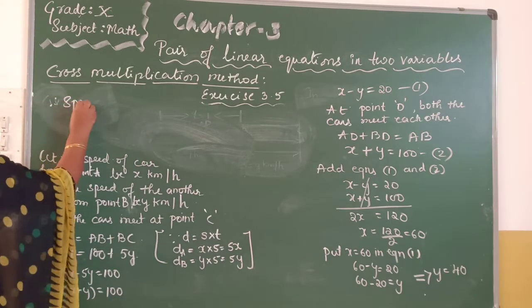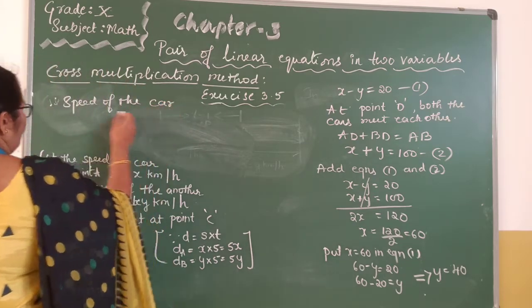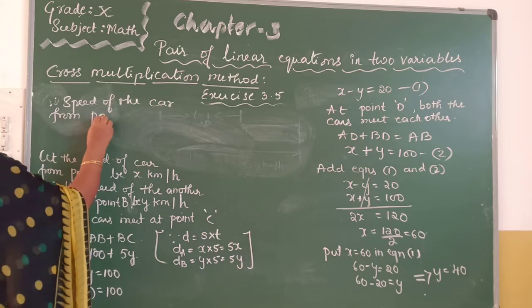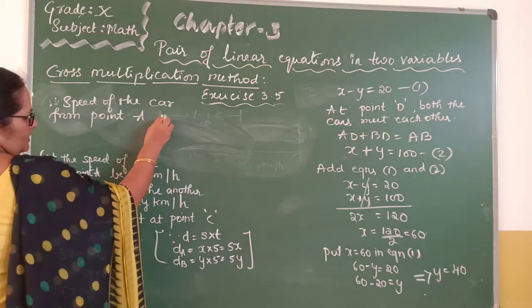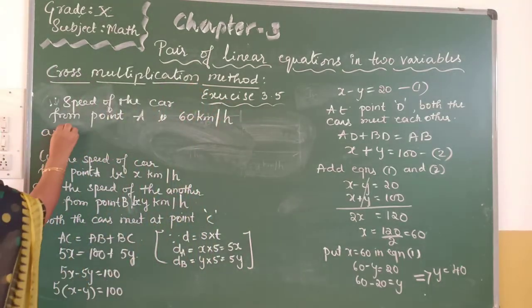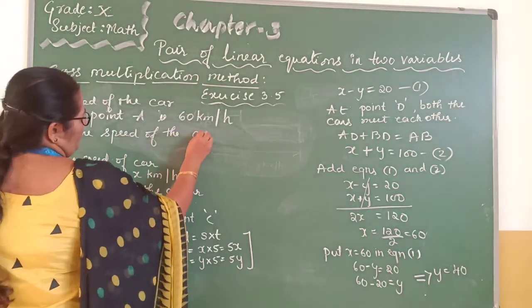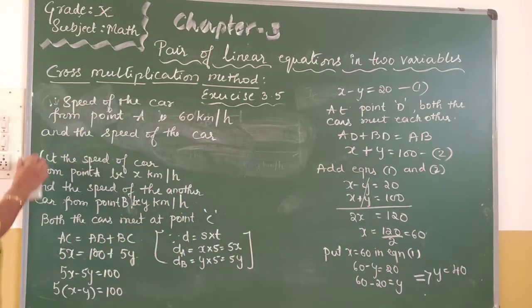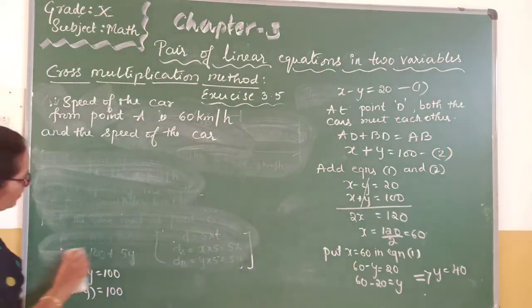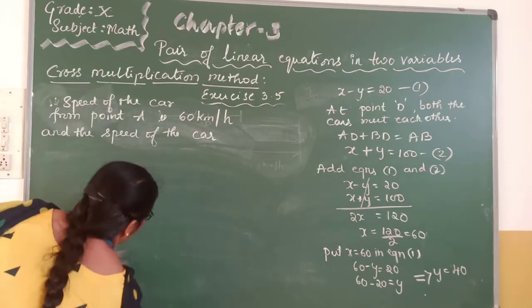Therefore, the speed of the car from point A is 60 kilometers per hour, and the speed of the car from point B is 40 kilometers per hour.